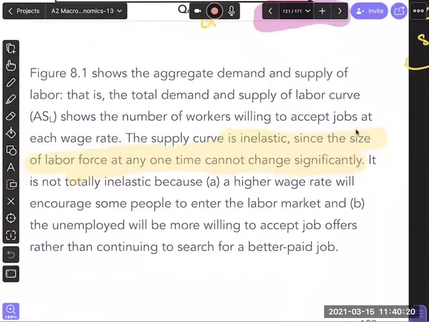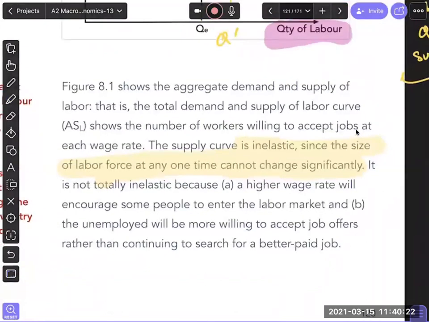It's a very inelastic curve, not that responsive to a change in wage rate. And it's not totally inelastic because when the wage rate goes up, some people will come to the labor market. More people will think, why sit at home when the wages are really high? The opportunity cost is really high. But it is relatively inelastic because you can't really add a significant number of people when the wage rate goes up.